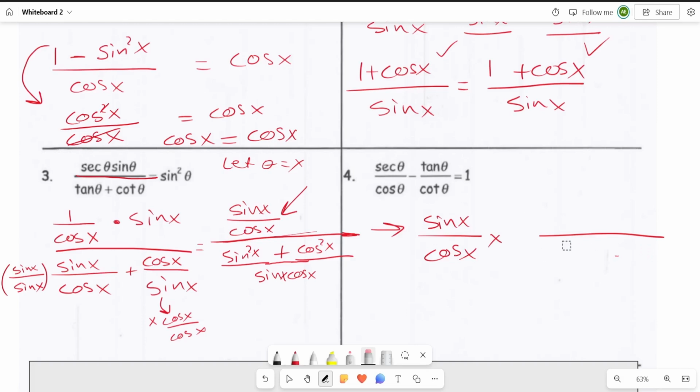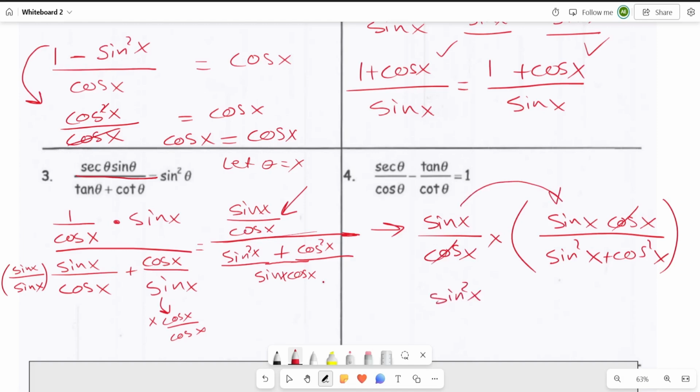The denominator will be on the top, so it will be sine x cosine x, and the numerator will come down, so it's sine squared x plus cosine squared x. I'm multiplying those two together. Now I can cancel a cosine x with this cosine x, and then multiply the numerator, which gives me sine x times sine x, which is sine squared x, over sine squared x plus cosine squared x.